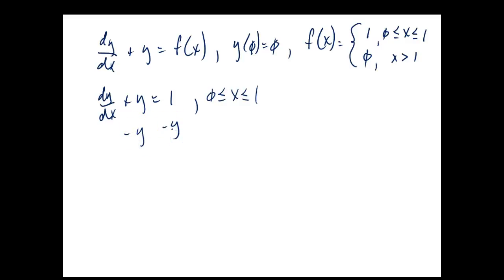I think we can do this in separation of variables, and that would be dy/dx is equal to 1 minus y, and then divide both sides by 1 minus y, and put it in differential form. Wait, I got to talking and wasn't paying attention to what I was writing. Okay, divide by 1 minus y, and put it in differential form, which is dy over 1 minus y is equal to dx.